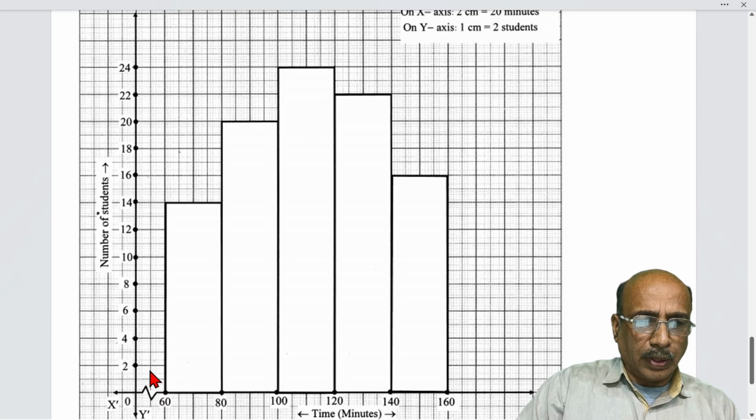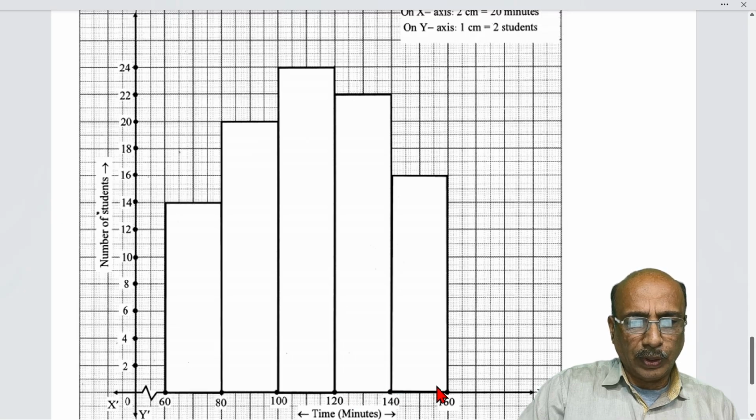The classes are taken from 60 to 80, 80 to 100, up to 140 to 160, with time in minutes. On the y-axis, number of students, 1 centimeter equals 2 students. So 60 to 80 has 14 students, 80 to 100 has 20 students, 100 to 120 has 24 students, 120 to 140 has 22 students, and 140 to 160 has 16 students.